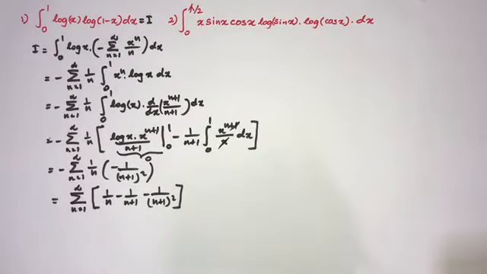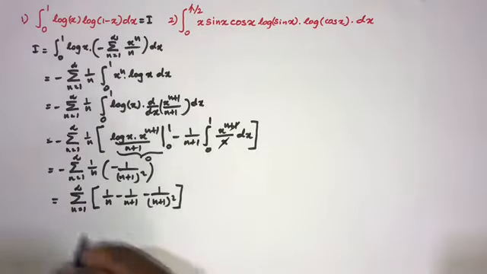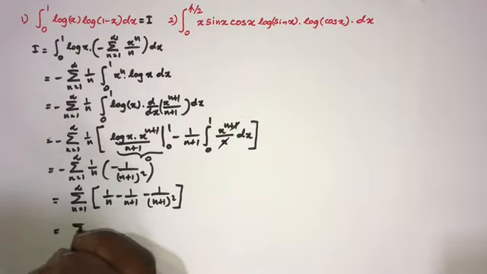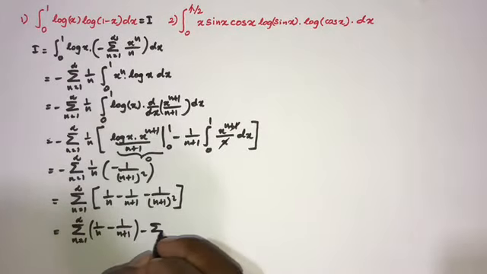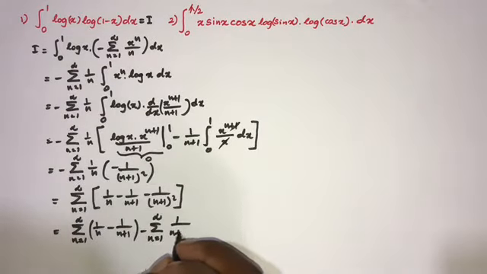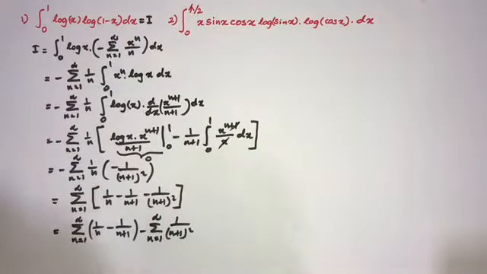Okay, then I'm going to break this summation into two different summations, so n is equal 1 to infinity 1 over n minus 1 over n plus 1 minus infinite sum n is equal 1 to infinity 1 over n plus 1 square.